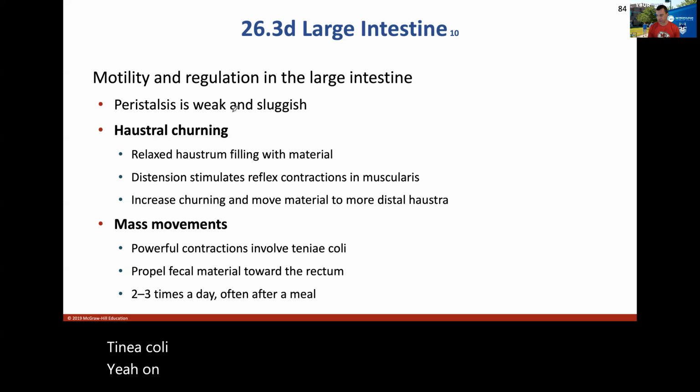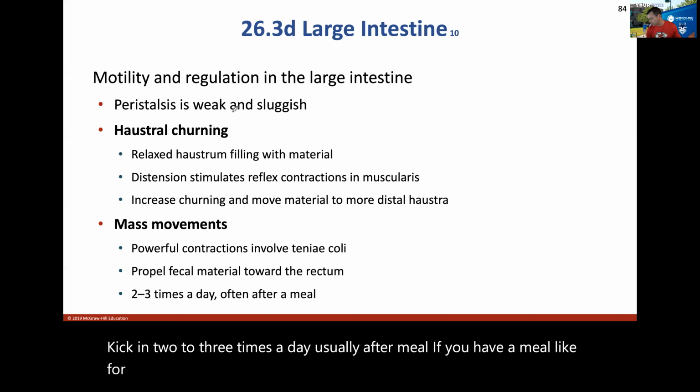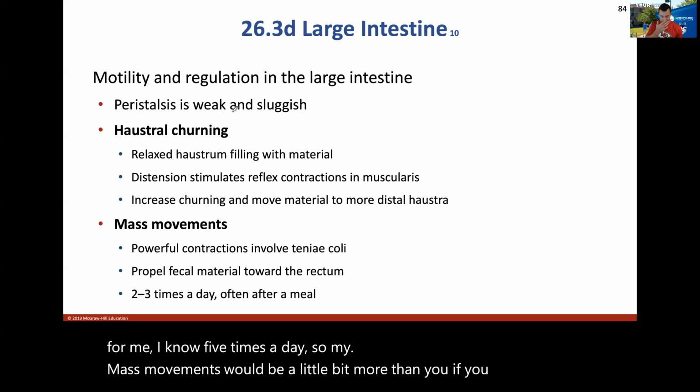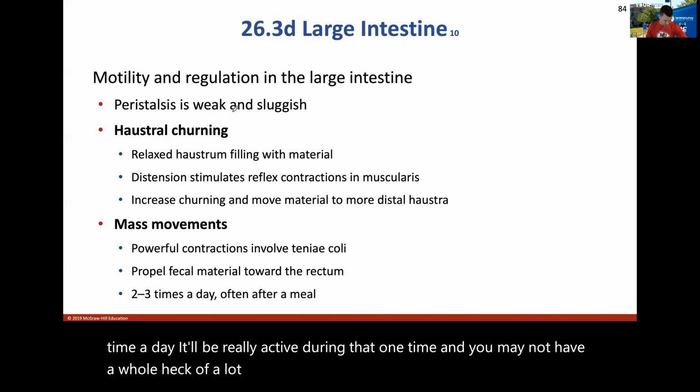These are powerful contractions that kick in two to three times a day, usually after a meal. I eat five times a day, so my mass movements would be a little more frequent than yours. If you only ate one time a day, it'll be really active during that one time, and you may not have many mass movements after that.